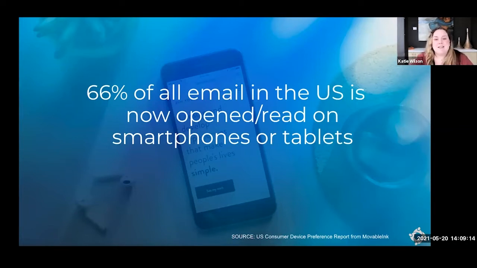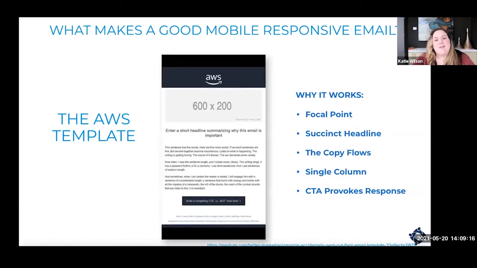Then we can see on the next slide an example of a template. Amazon actually accidentally emailed out their template over a year ago. And this is great for us because we can see a really good example of what a mobile responsive template can be. So we see here that this is visually pleasing.